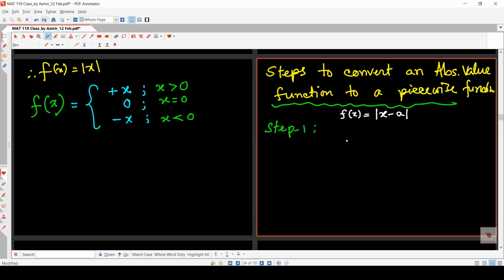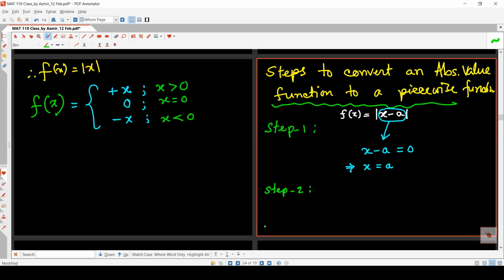So step 1, you have to think about the inner quantity. Take this out, x minus a, and solve for 0. You will get a value. So step 1 is to find a value of x, where we have to check continuity and differentiability.